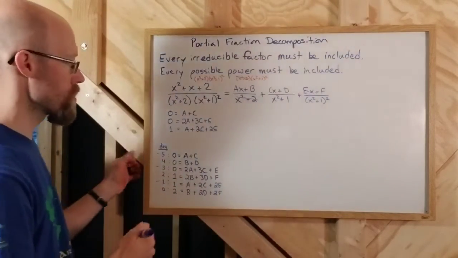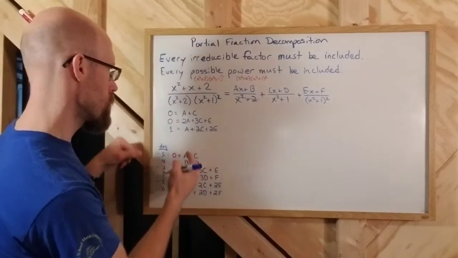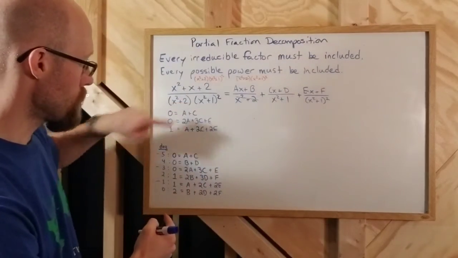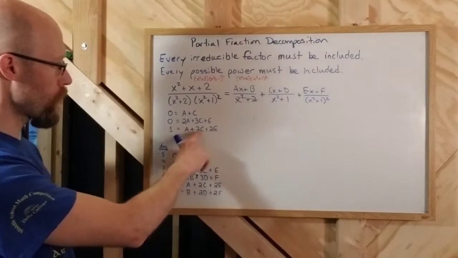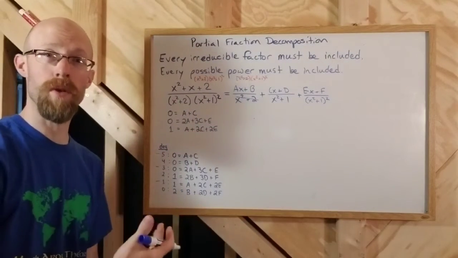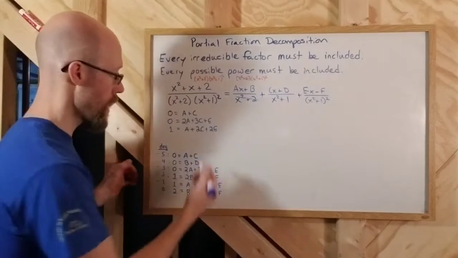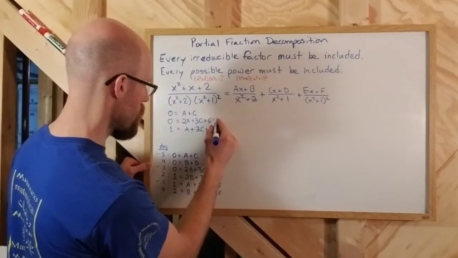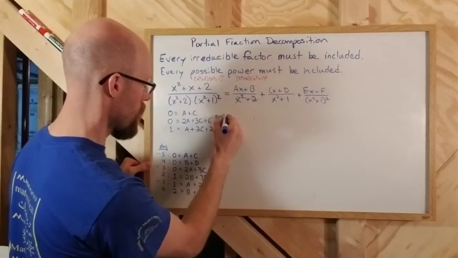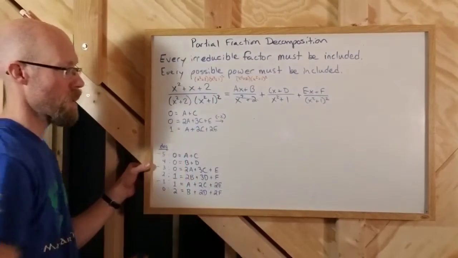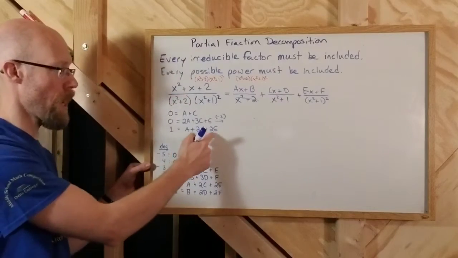Then I solve the system. Well, to solve this, I already have a and c by themselves, so what I'm going to do is eliminate the e from these bottom two equations and give myself another equation with just a and c and solve that. To do that, I'm going to take this middle equation, I'm going to multiply by a -2 so that I can get coefficient opposite of the e.